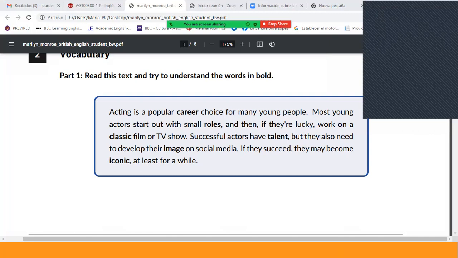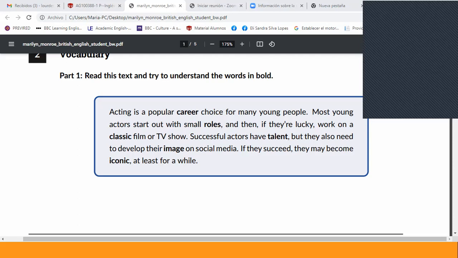Go on, Catalina, with the next sentence, please. Most young actors start out with small roles and then, if they're lucky, work on a classic film or TV show. Okay, right. Go on, Javier, please, with the next sentence.